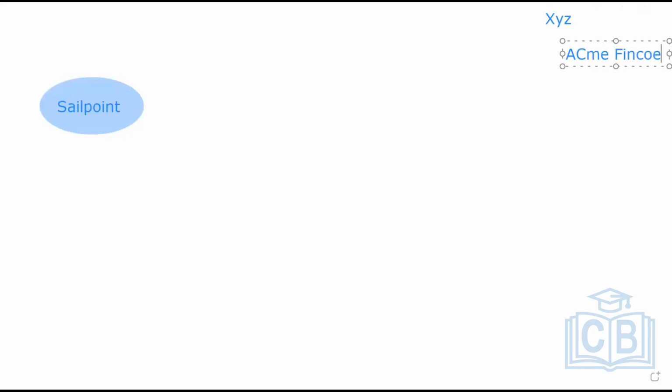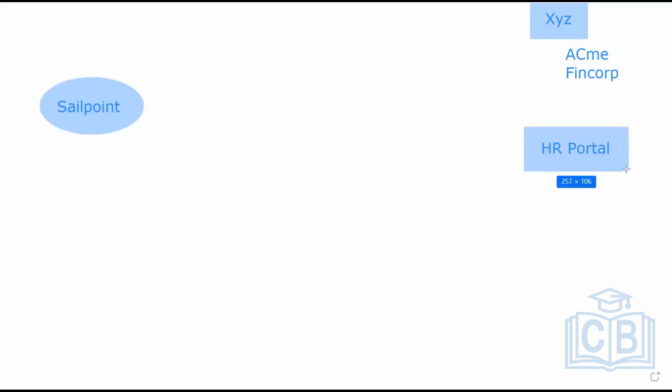Acme FinCorp is the firm name. So what will be the next step? HR source or HR portal. HR will gather all the information, including personal information, everything, and they will store it in their source data, correct?